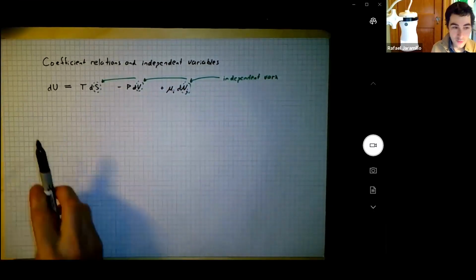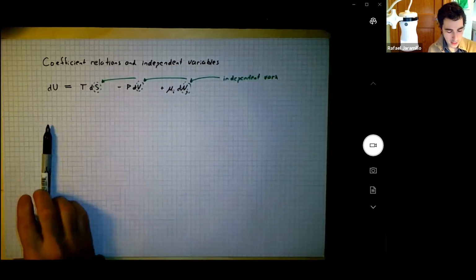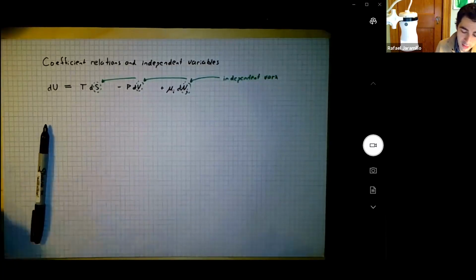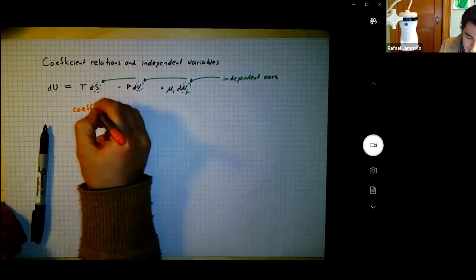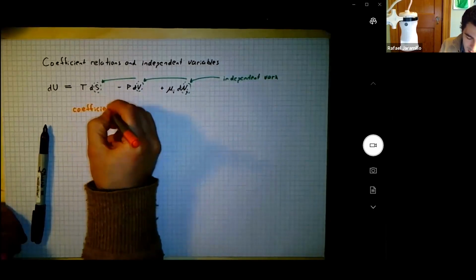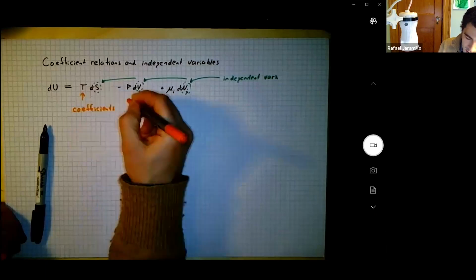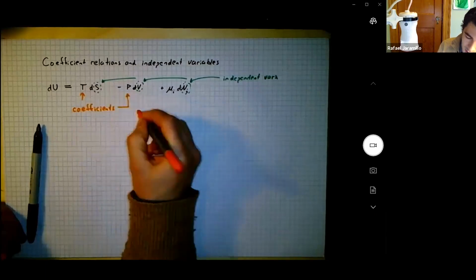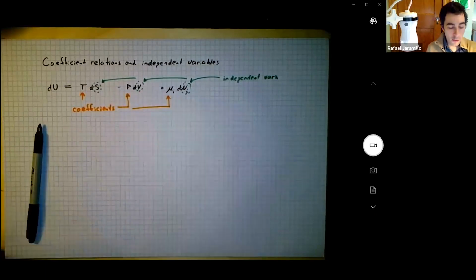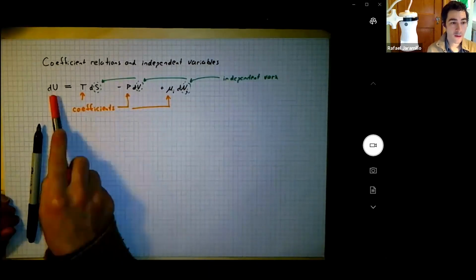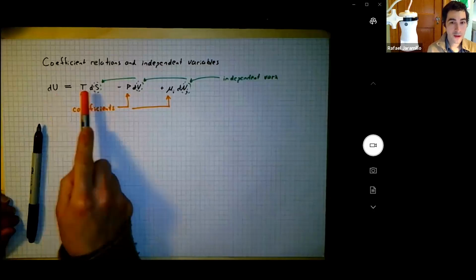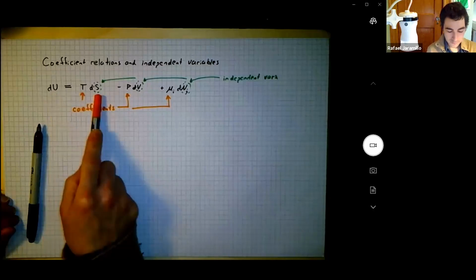The other things we call, having fun with colors today, coefficients. The coefficients describe how the dependent variable varies with the independent variables.